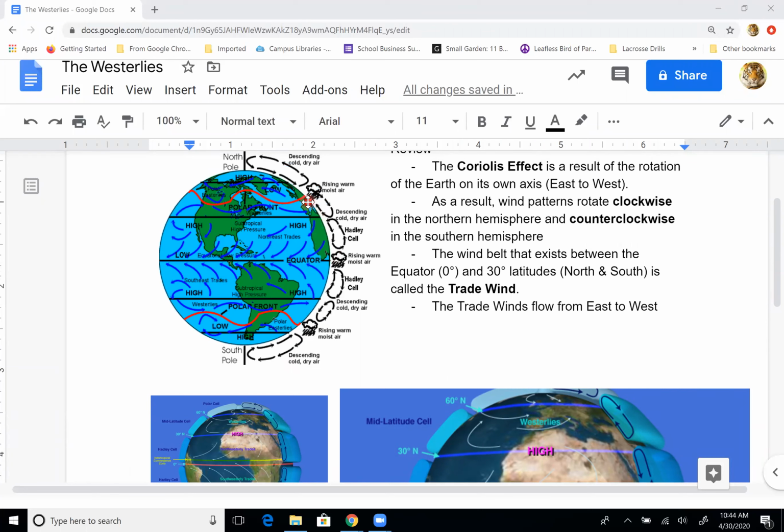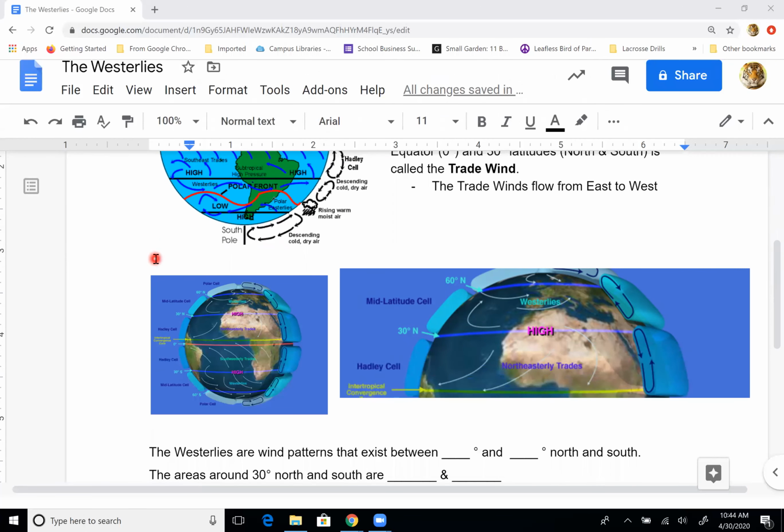Between 0 and 30, because of differential heating, with lots of heat around the equator, you have wind patterns that lift up moisture and create clouds. Around the equator is where you have a lot of moisture and heat, so you have a tropical area, with tropical jungles and rainforests, because it's hot and very humid.